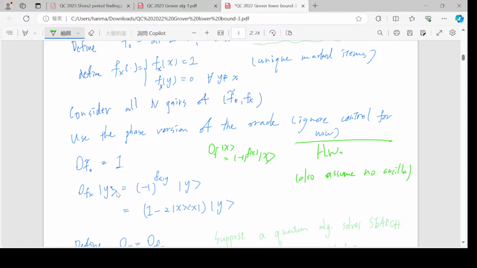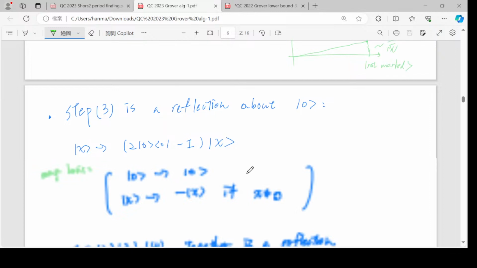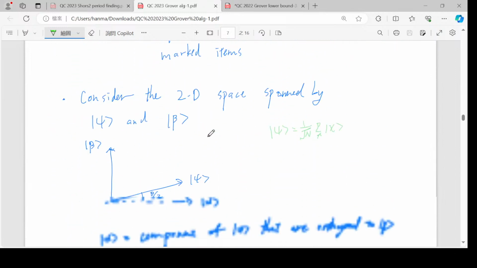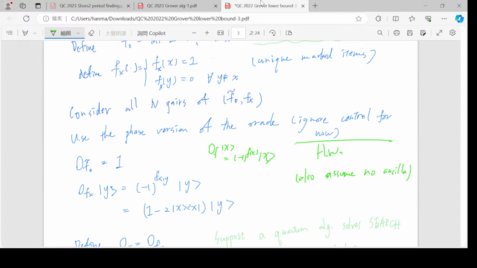Okay, so you can also write this as, not projection, sorry, reflection. So we say the Grover Oracle is a reflection around the marked item.